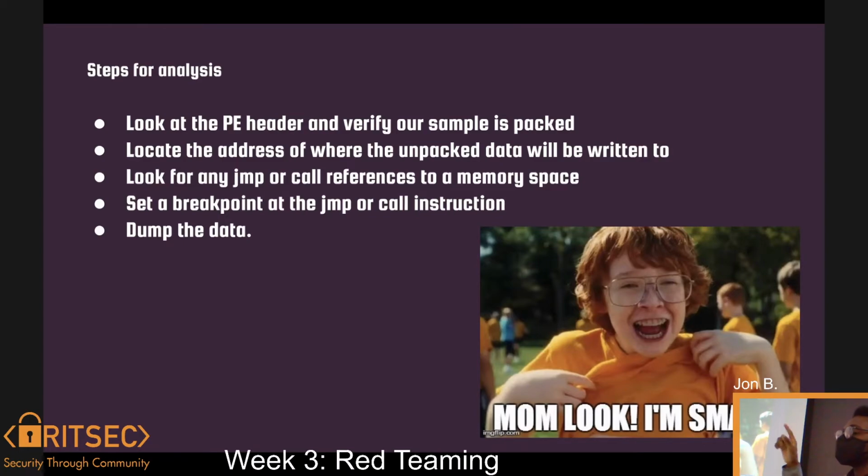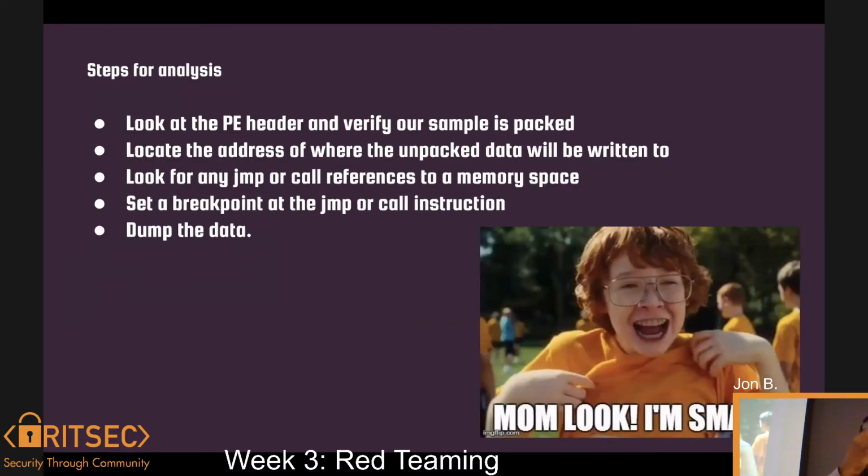In the UPX0, it tells you the address area and where the data is going to get written to. Then look for any jump and call references in the assembly, and we can set a breakpoint at that jump or call instruction, just so we can extract the data right from memory, and dump the data to run it.